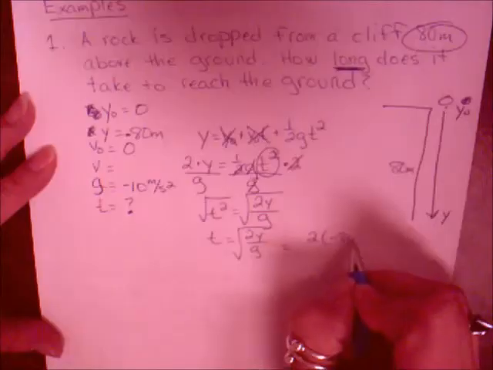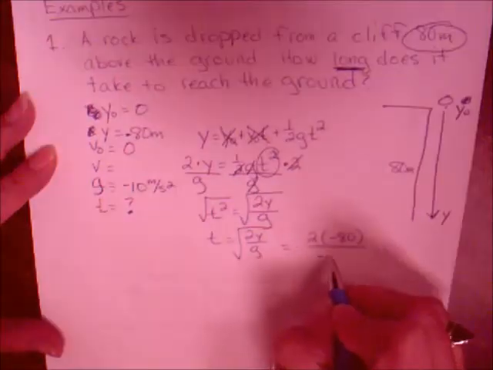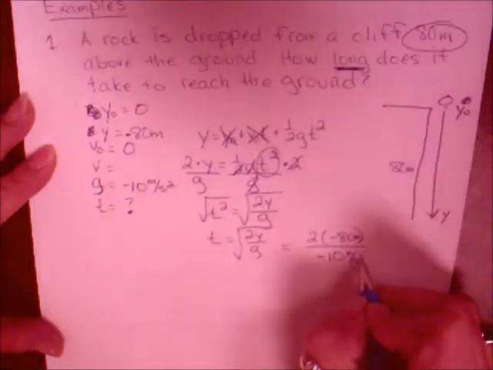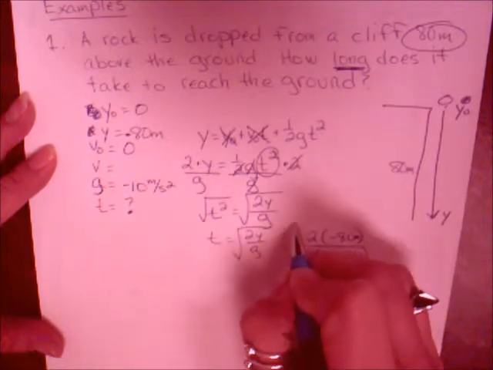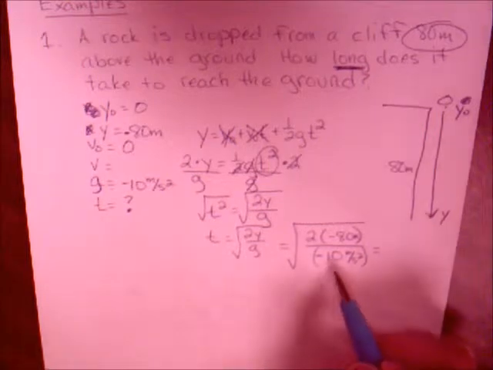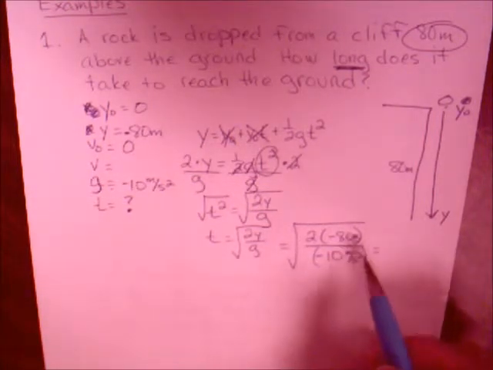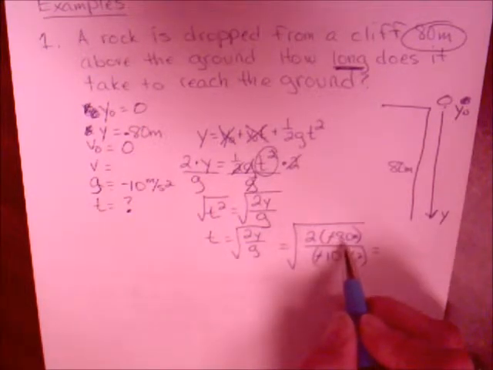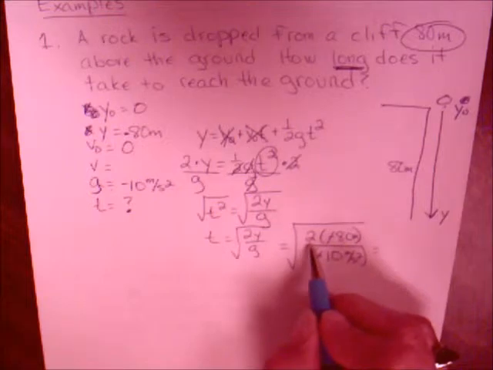And then I can just plug in my numbers. The square root of 2 times negative 80 over negative 10. Big round 10 goes into 80 8 times. The negatives cancel out. We're left with 8. 8 times 2 is 16.